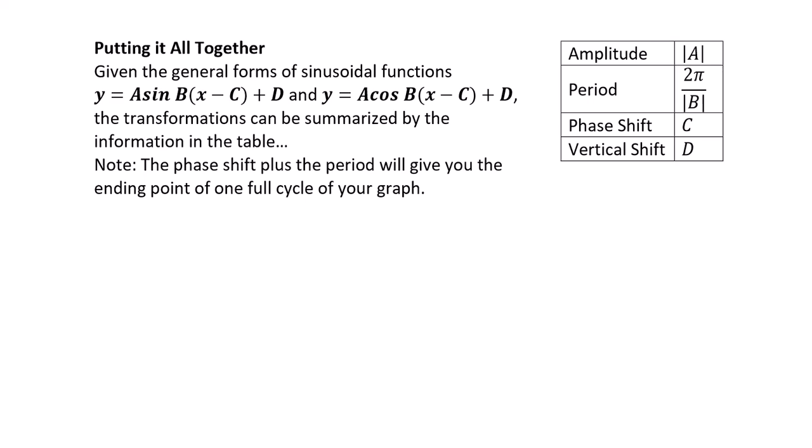Note that the phase shift plus the period will give you the ending point of one full cycle of your graph. That phase shift is going to be the first point of one full cycle. Amplitude is the absolute value of A. Period is 2 pi over the absolute value of B. Phase shift is C, and vertical shift is D.